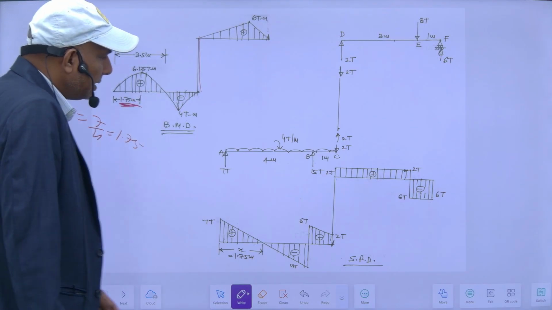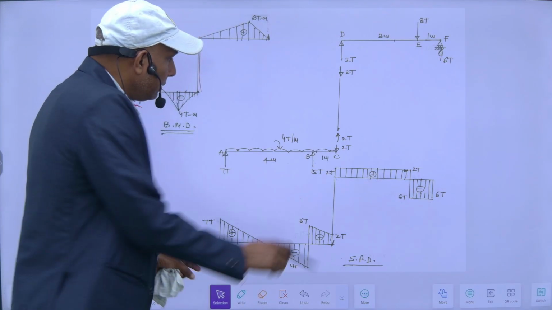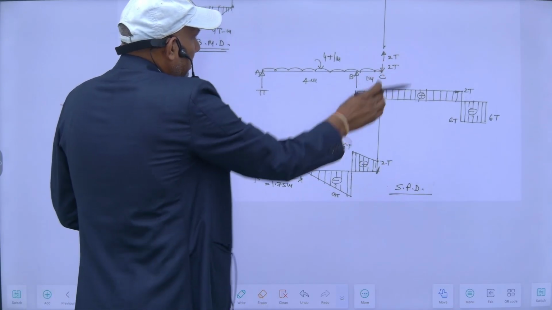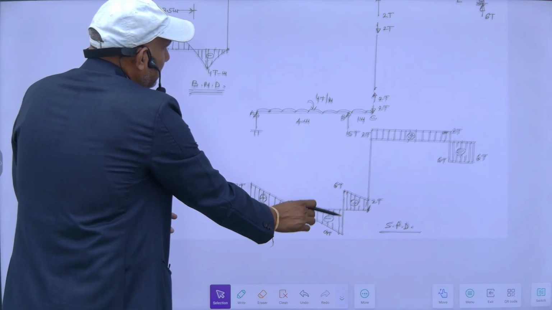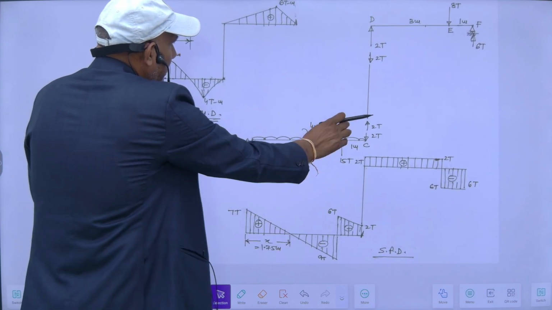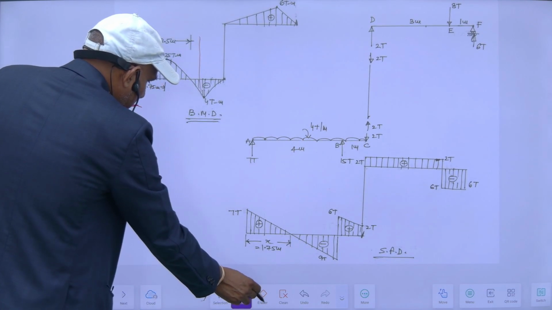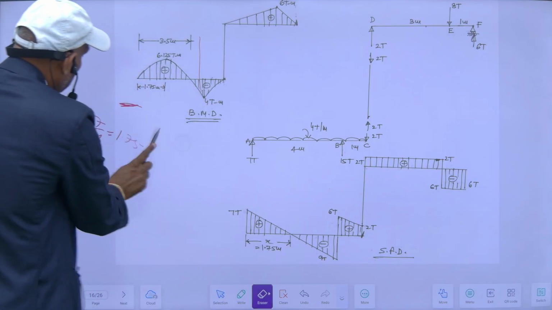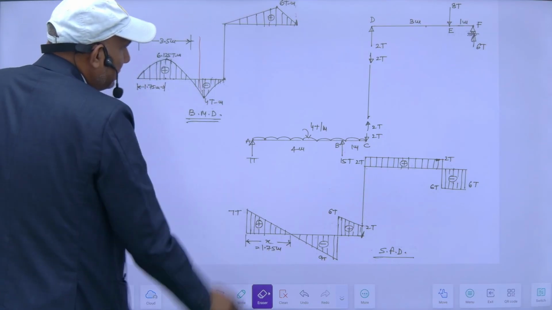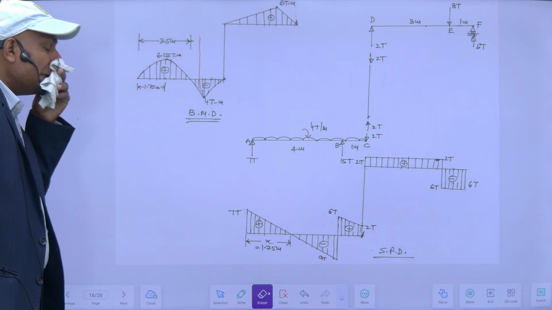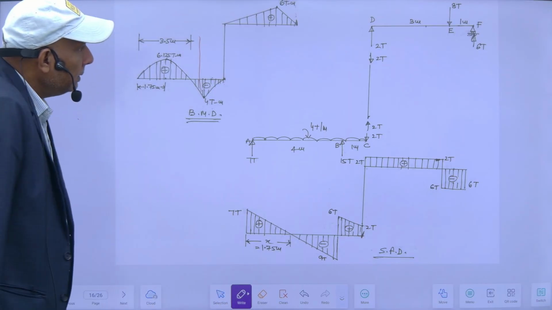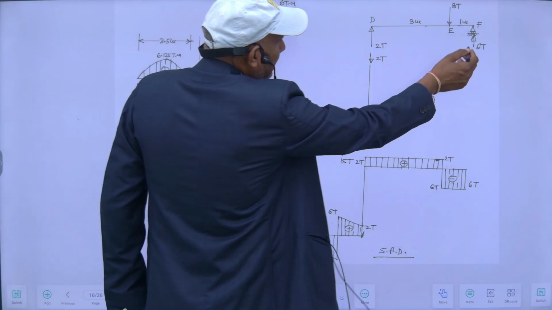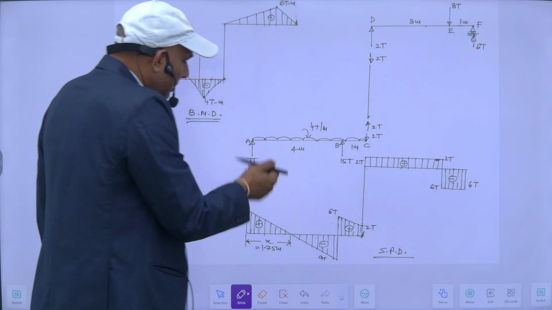If I want to draw its shear force diagram, I can also draw it. So this is for this portion, this is 6 ton. Let's start from the left side.